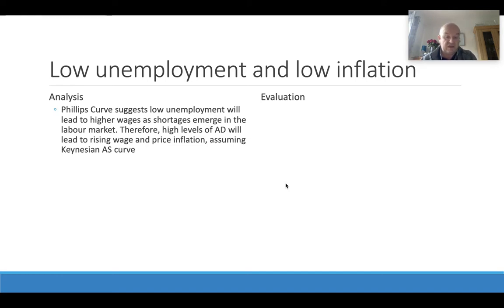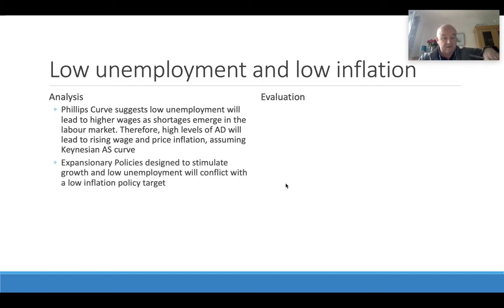As a result of that, we're going to have higher levels of aggregate demand, and that's going to cause a rise in wage and price inflation if we assume the Keynesian AS curve. But obviously in this instance, if we're talking about expansionary policies which are designed to stimulate growth and low unemployment, they could potentially conflict with a low inflation policy target.